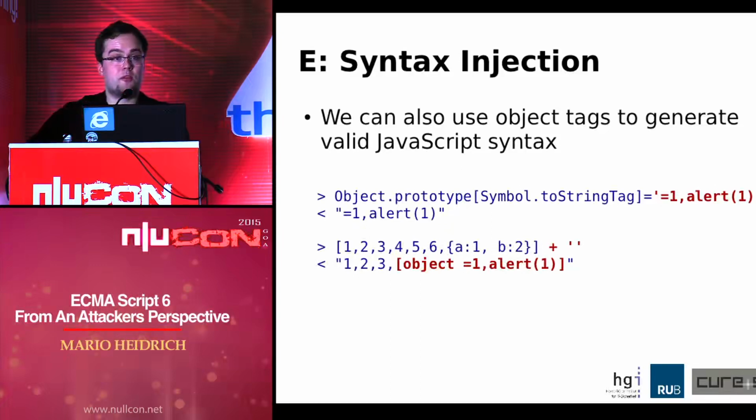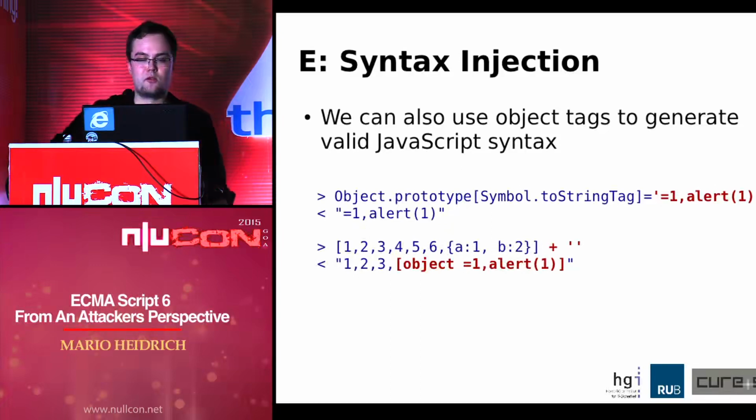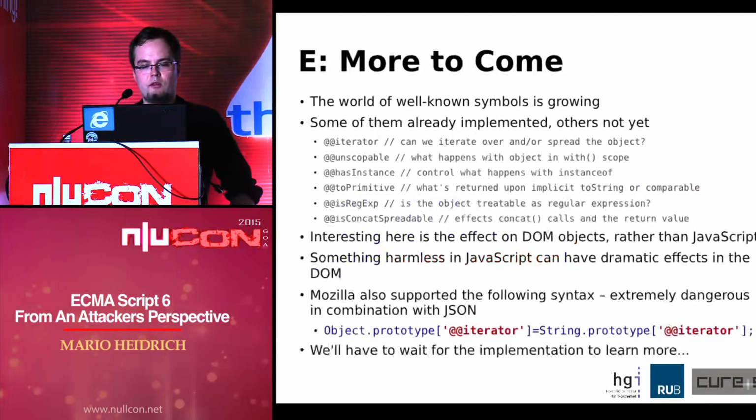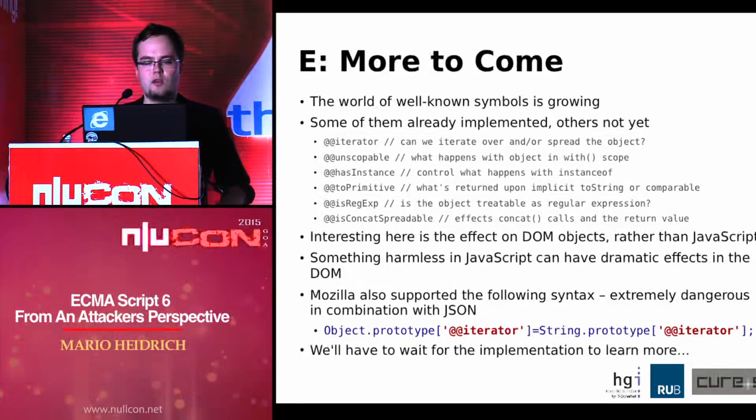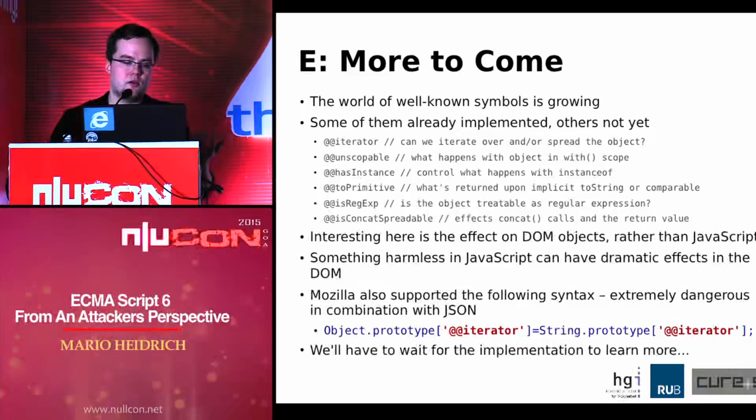There is more to come. There's a bunch more symbols to come, not only toStringTag and the iterator. We have iterator, we have unscopables, we have Symbol.hasInstance, toPrimitive, isRegExp, so you can, for example, turn objects into regular expression objects even if they are not. I'm not really sure why. And for example, isConcatSpreadable, which defines whether a concat call on a certain variable or primitive will have an effect or not.